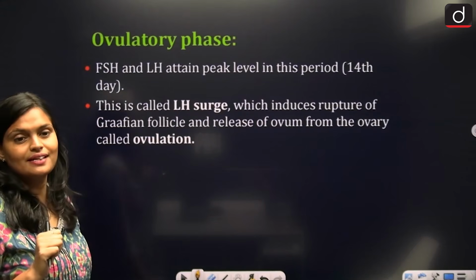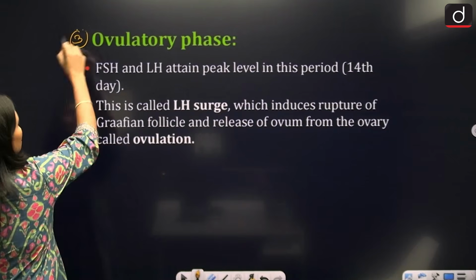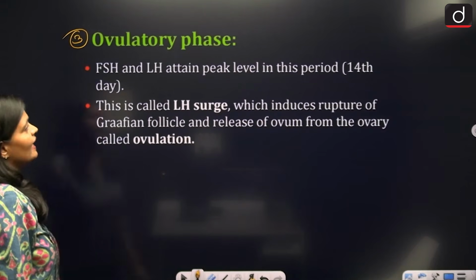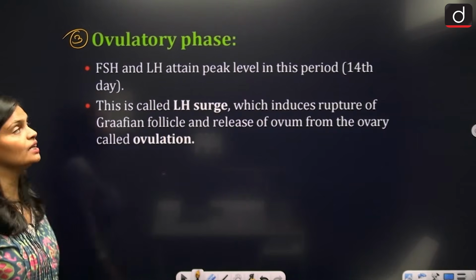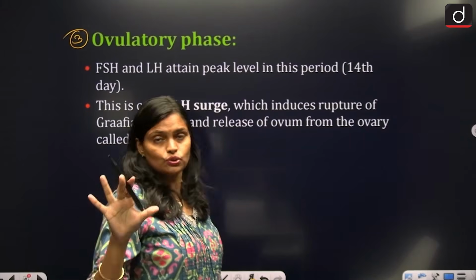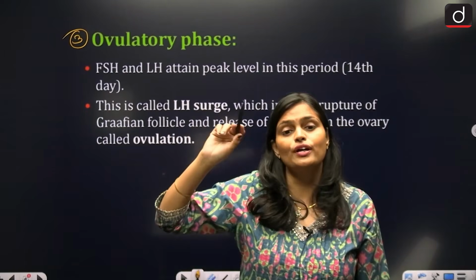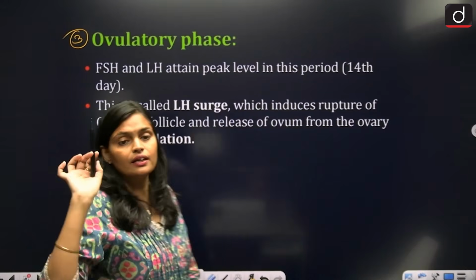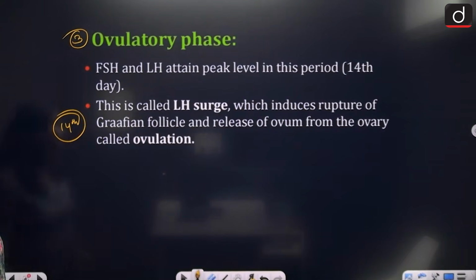The ovulatory phase is the third phase. FSH and LH attain peak level in this period. This ovulatory period basically takes place at the 14th day. कब होता है ये phase? 14th day पे ये phase होगा.